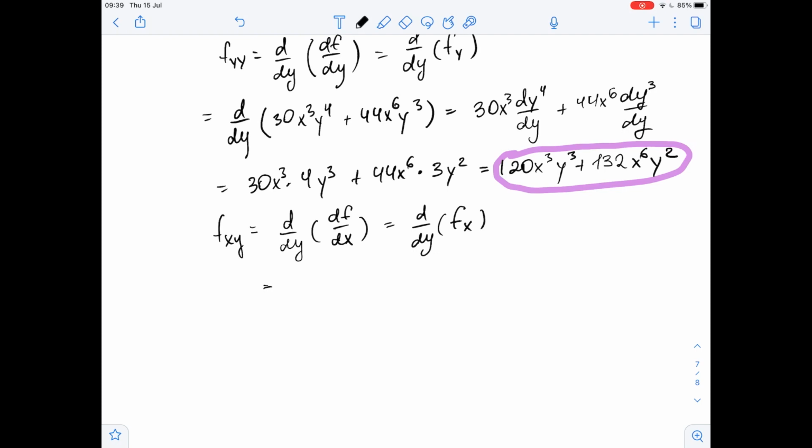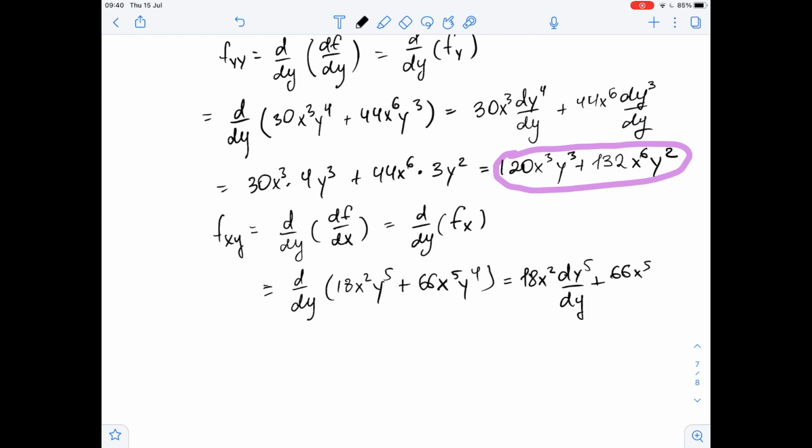So this equals d over dy of 18x squared times y to the 5th power plus 66x to the 5th power times y to the 4th power. This equals 18x squared times d y to the 5th power over dy plus 66x to the 5th power times d y to the 4th power over dy.